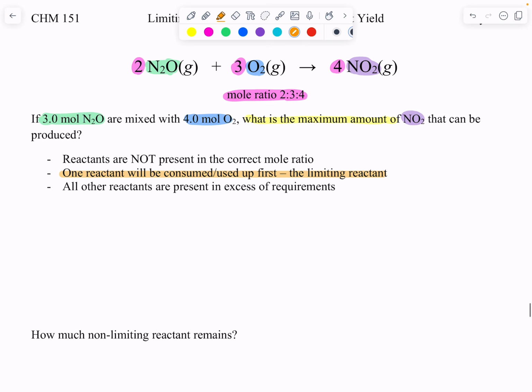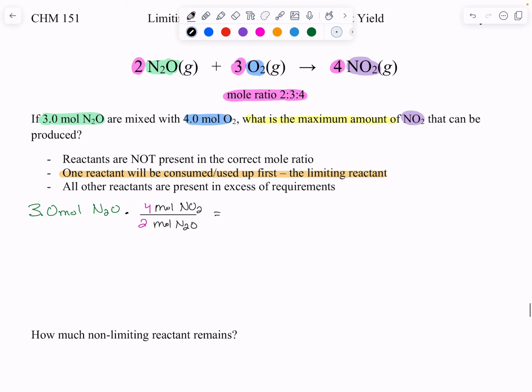Now, if we look at this, we have 2 reactants. We have 3.0 moles of N2O. If we look at what we can make with N2O, we'd have moles of nitrous oxide on the bottom, moles of nitrogen dioxide on top, and those ratios are 2 to 4.